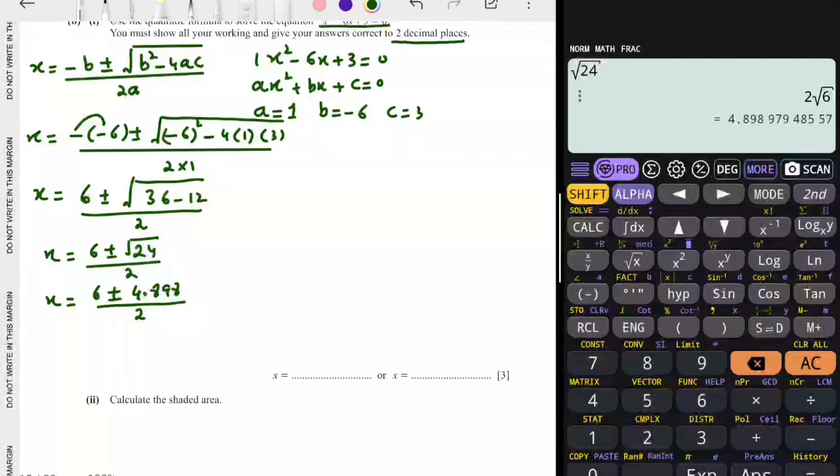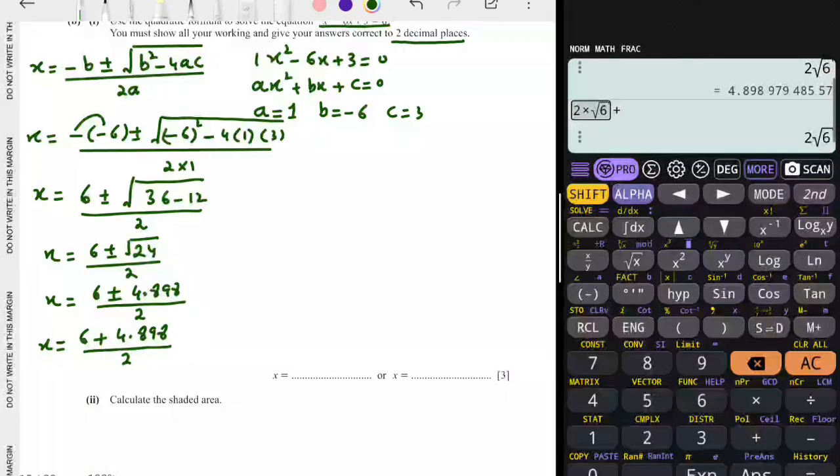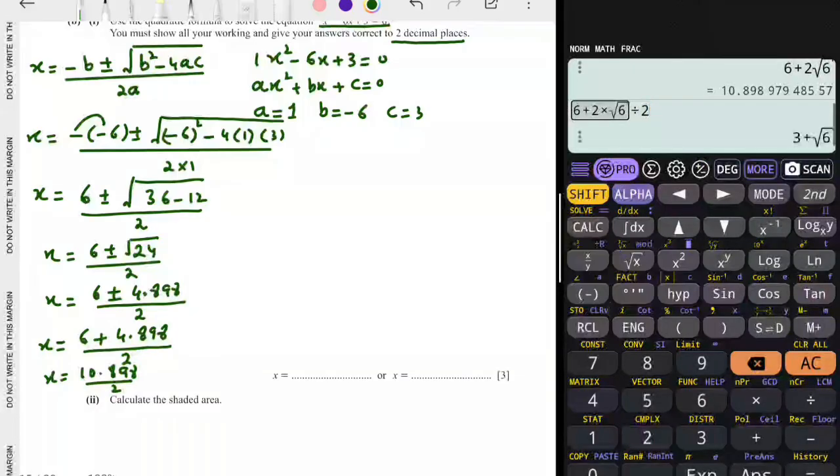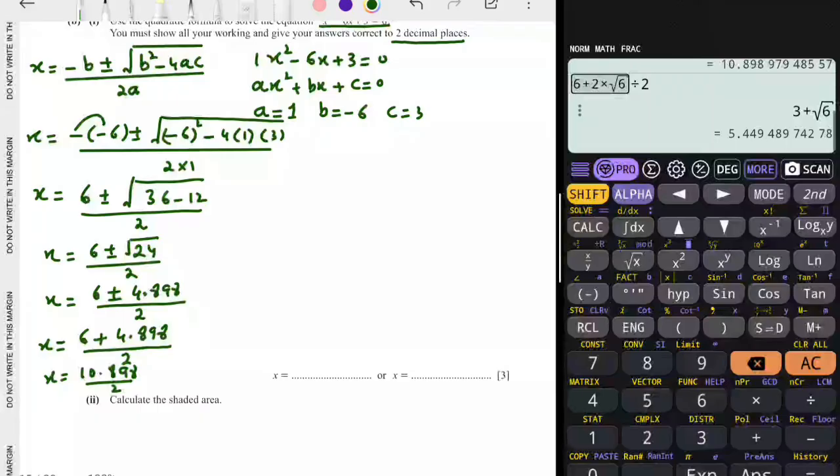So we are going to take two values. x is equal to 6 plus 4.898 divided by 2, and if we add this value to 6 we get 10.898 divided by 2, so it is 5.449.